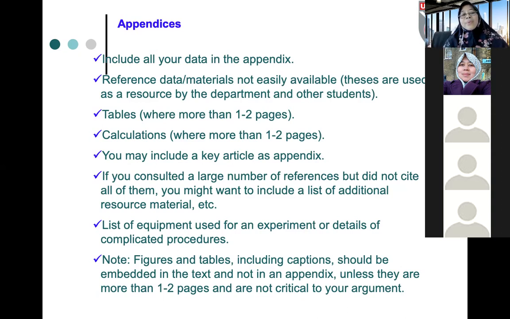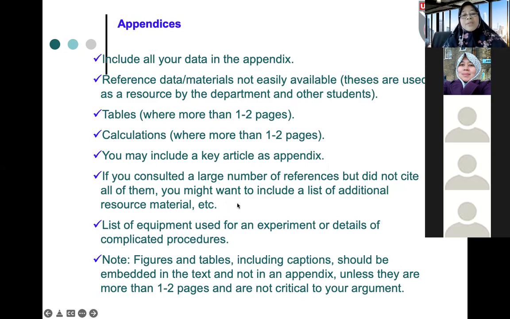So that's why you have to put an example of calculation, at least 1 or 2, under the appendix, so that the reader or the examiner will find that you have done a correct calculation. So you may include a key article. Usually, during my time, I have never come across a reference journal in the appendix.